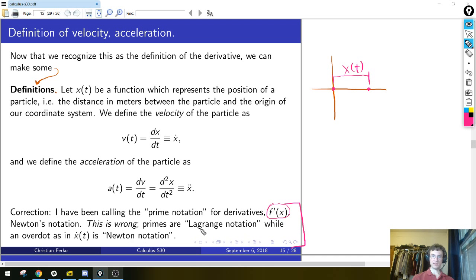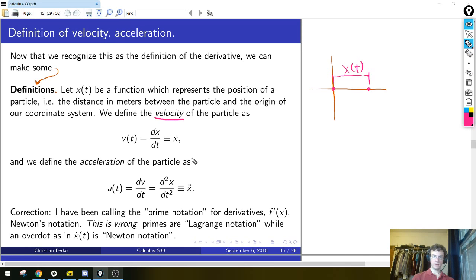The prime notation is associated with Lagrange. So this f prime is really Lagrange notation, and it's the dot, the time derivative that I've introduced here, the over dot, that is Newton notation. So again, the dx dt is still Leibniz notation, I got that right. The prime is Lagrange notation, the dot is Newton notation.